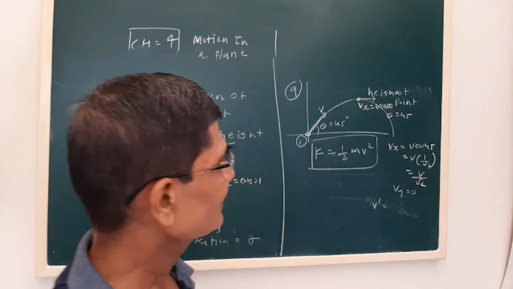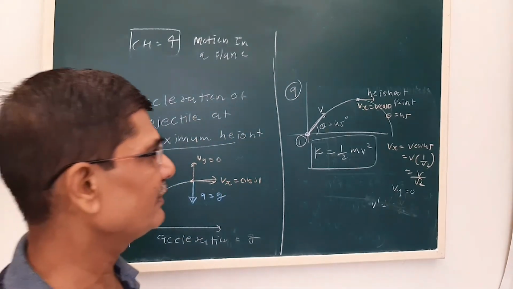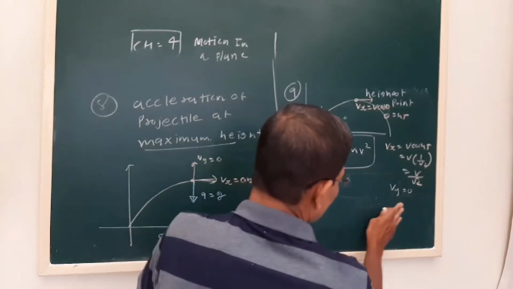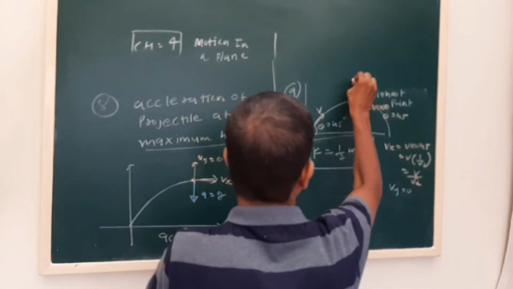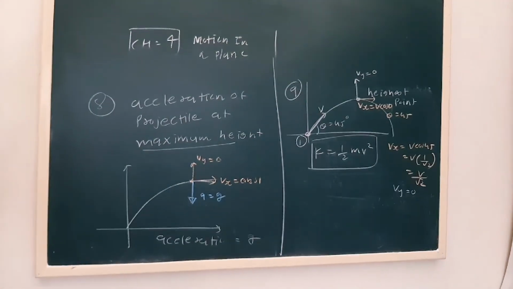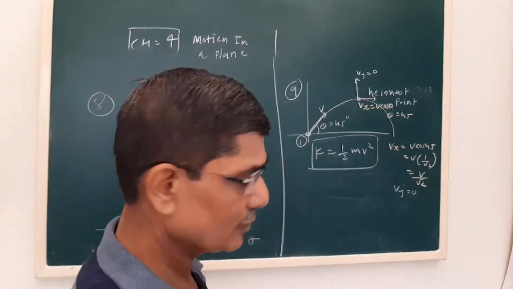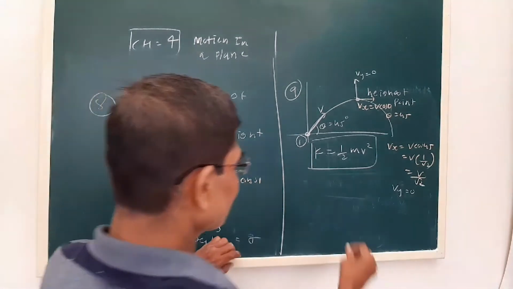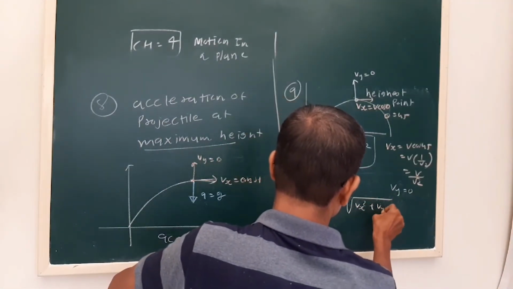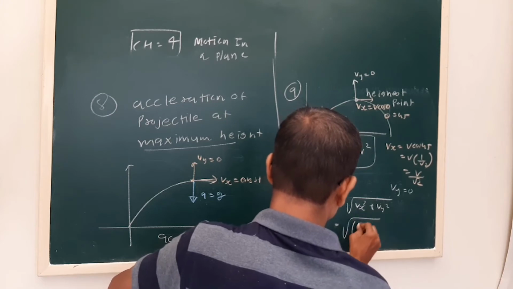So Vx will be v cos 45, that is v upon root 2. Vy is already 0. Why? Because the projectile is moving against gravitation, so the y component of the velocity will become 0 at maximum height. So the resultant velocity v dash is root of vx square plus vy square.